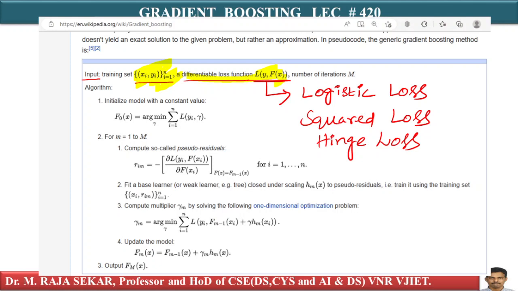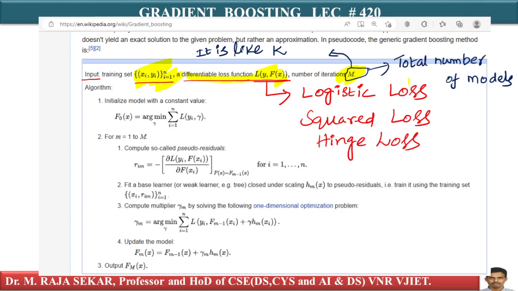Given this data, we want to find the total model. There is also one more thing which is given. What is this? Capital M, which is the total number of models.